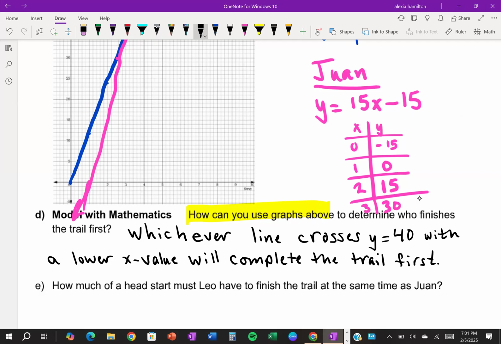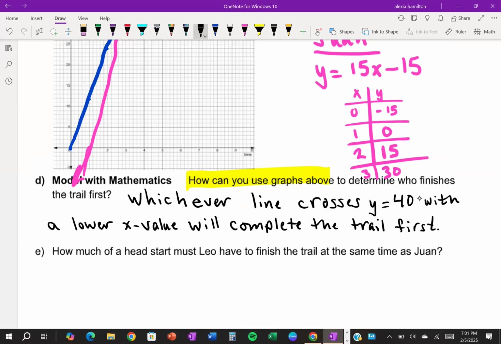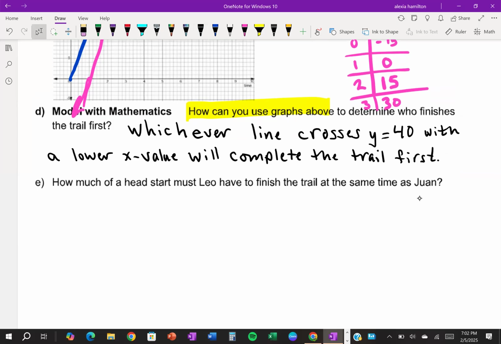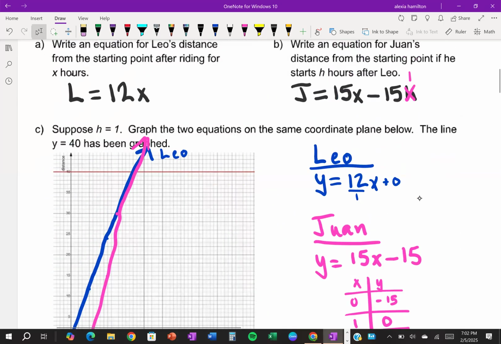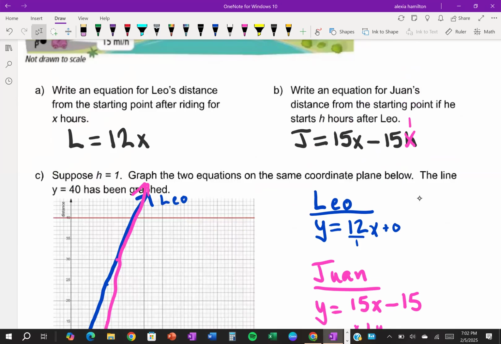And how much of a head start must Leo have to finish the trail at the same time? So now we want to know if they're at the same time. So here's some algebra. If we want the time to be the same, it's going to be the head start that's different.